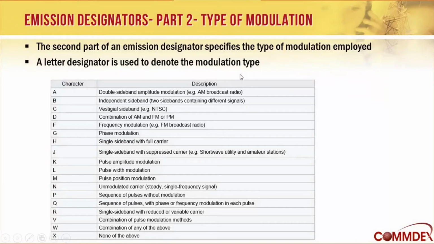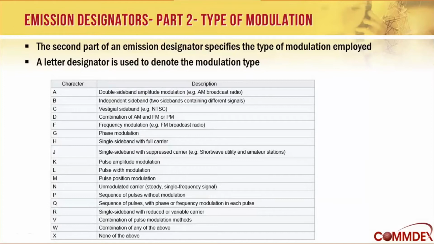So the second part of an emission designator has to do with the type of modulation. There are letter characters from A through X that will describe the different types of modulation. So you look on the list, you'll see everything from sideband to TV, AM or FM, frequency modulation, phase modulation, pulse amplitude modulation, pulse width modulation, pulse position modulation, all kinds.